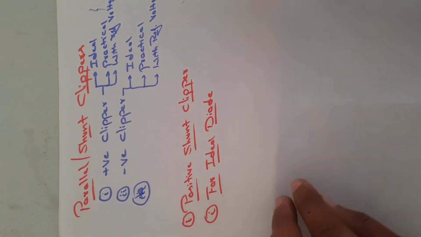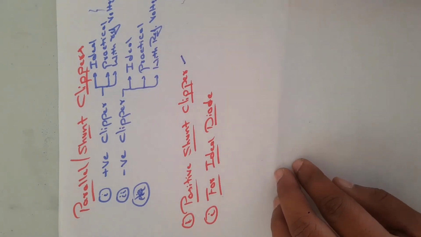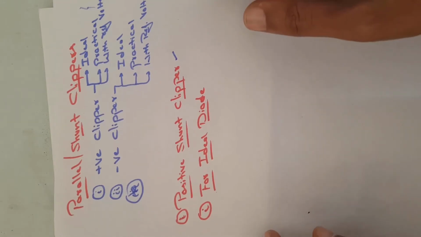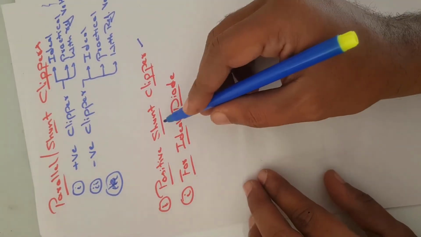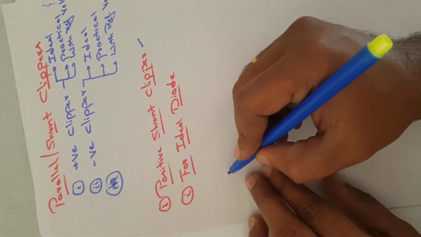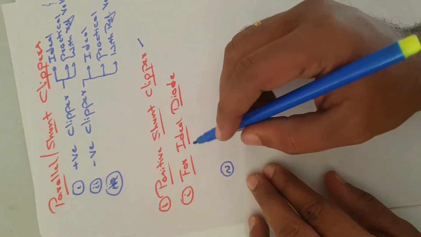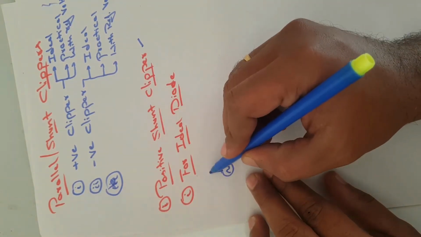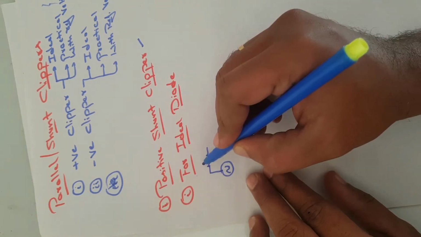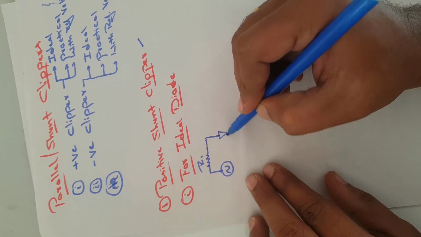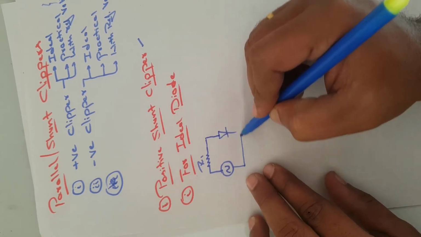So let us go with the positive shunt clipper. In that, the first case is for an ideal diode. Here it is a shunt clipper. It means the source and the diode are both connected in parallel, and in between I will have a small resistance, let me call it R1, and here I have a diode which is connected in parallel with the source.